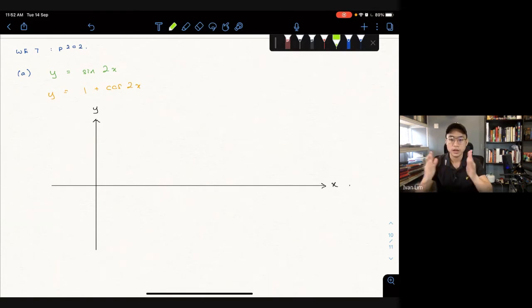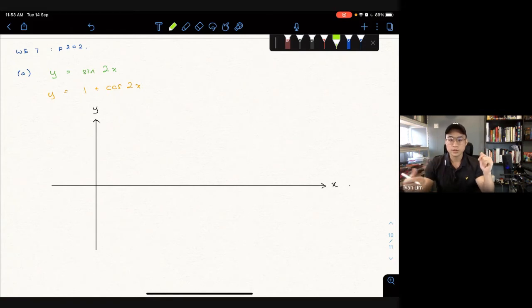Okay, so how do I see it, right? 2x, my original period is 360 degrees. So what I want to do right now is fit 2 cycles of sine in the same amount of space, 360 degrees.